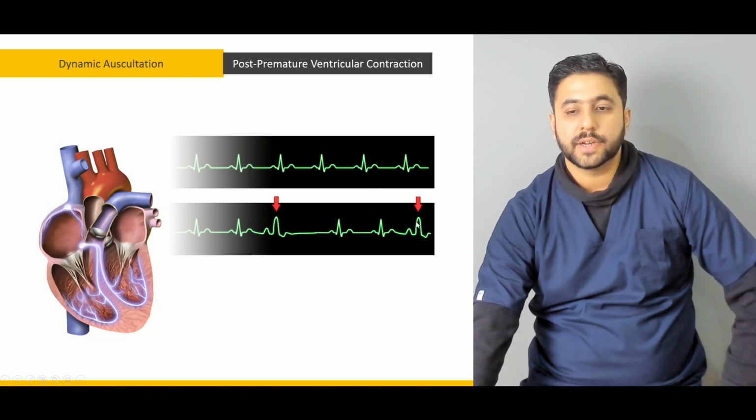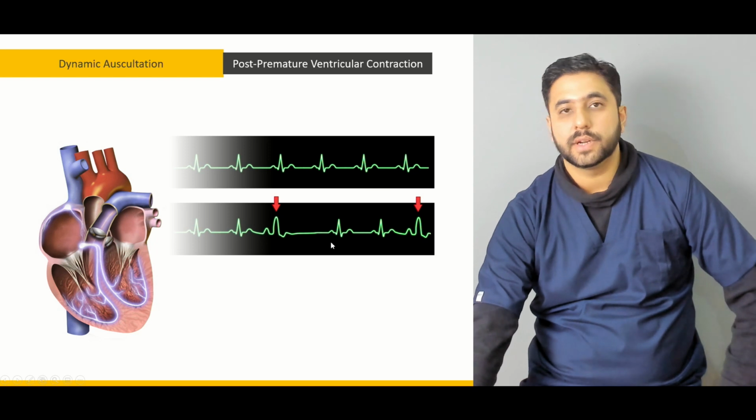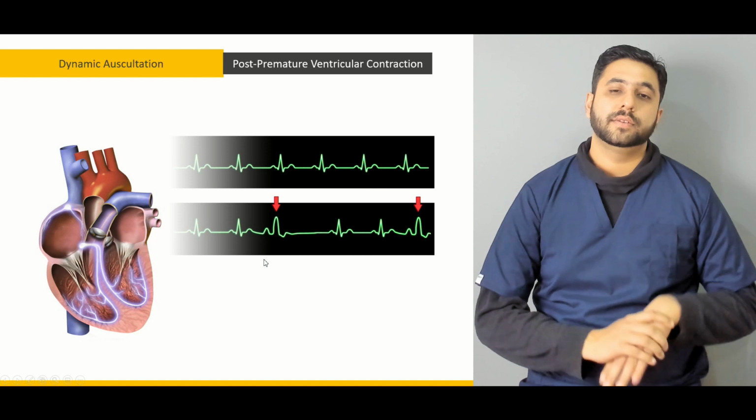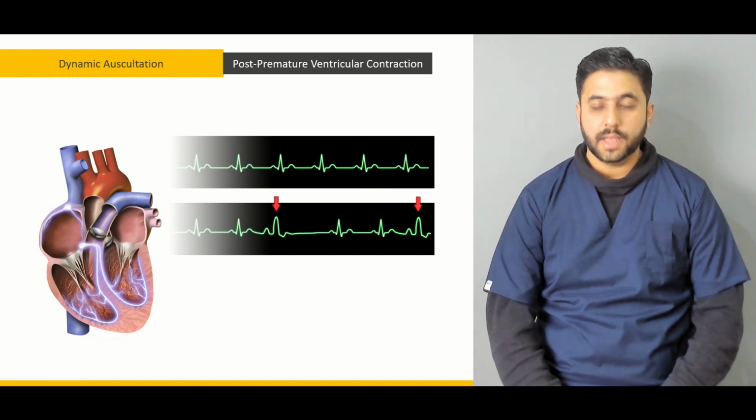These premature ventricular contractions are the ones which are occurring before their regular time, and they have slightly increased in amplitude. For example, you can see the QRS amplitude and the QRS thickness is more here as compared to the normal QRS. So what is this concept important in regards to the murmurs?